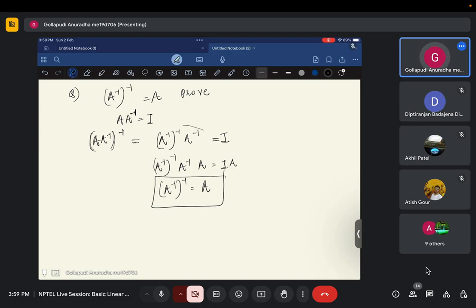And by the property that if the inverse of AB is taken, then, provided both A and B are invertible matrices here. Does anybody have any doubt in this? No, ma'am. Okay.